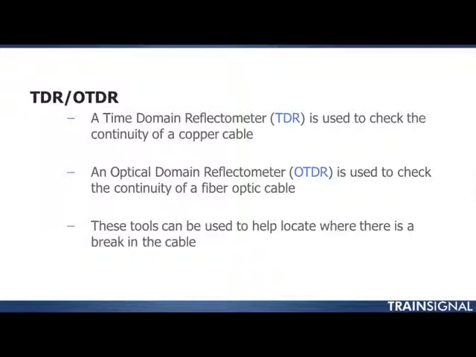And since the TDR is used for checking the copper cable, an OTDR, which is an optical time domain reflectometer, is used to check the continuity of an optical-based cable, or what we learned to be fiber optic cable. Okay, so in either case, we're talking about checking the continuity of a cable, whether it's copper or fiber optic.